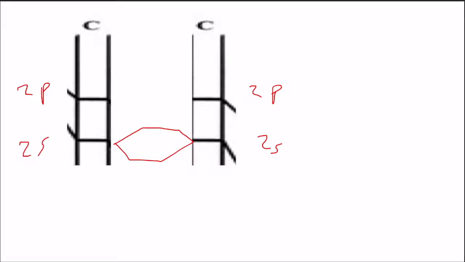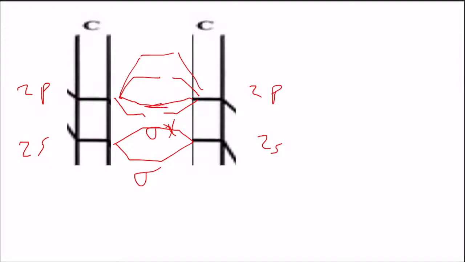Then we're going to have the 2p's, and this is going to look like this. Okay, so what is happening here is, of course, we have the sigma and the sigma star from the 2s's.